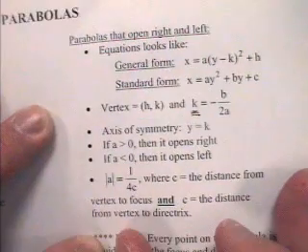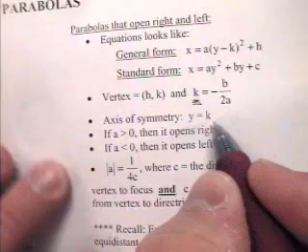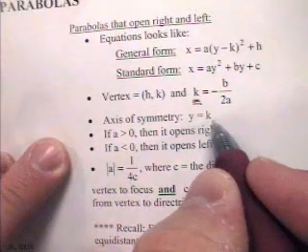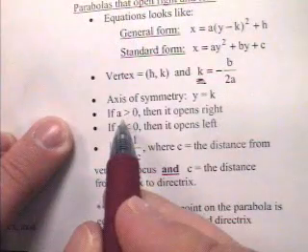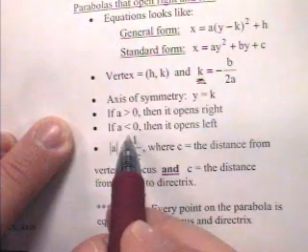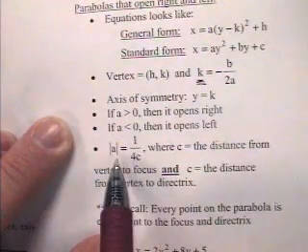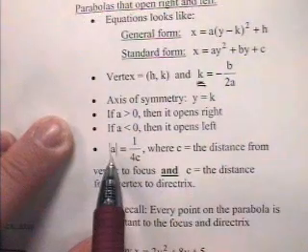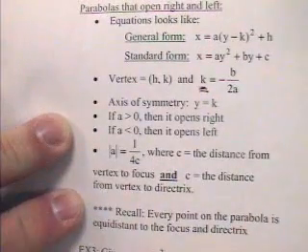That's reversed. Your axis of symmetry is y equals k instead of x equals h. That's different. And if a is positive, then we're talking about something that opens to the right, and if a is negative, you know that it opens to the left. The formula or relationship between a and c is still the same, so that formula has not changed.